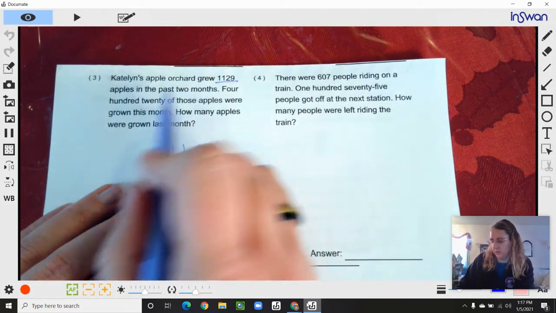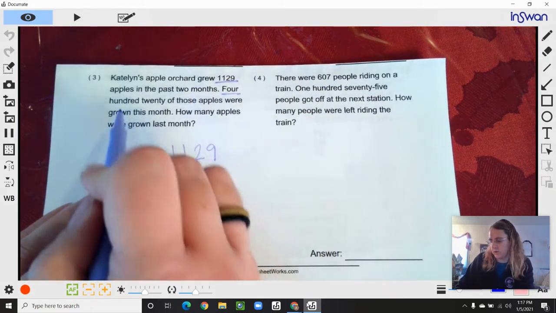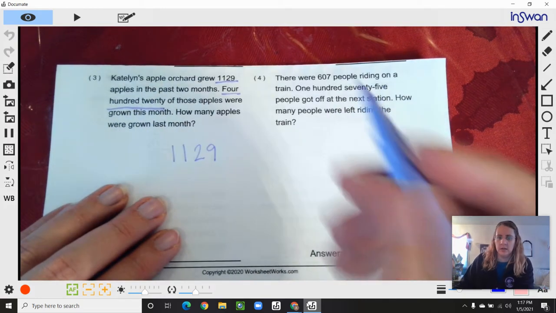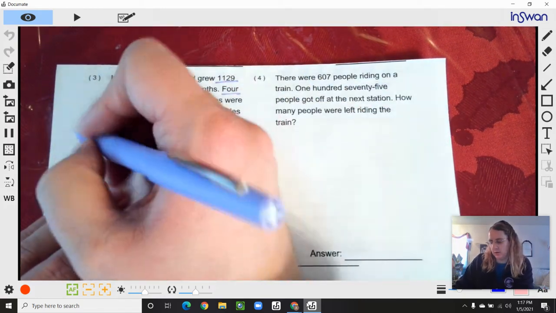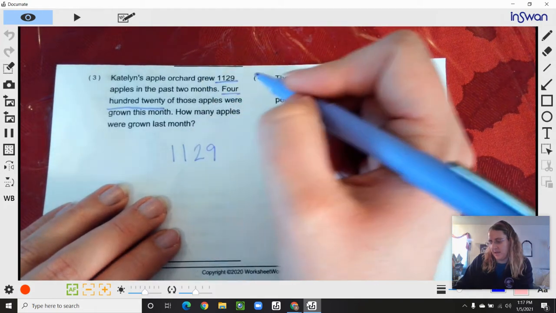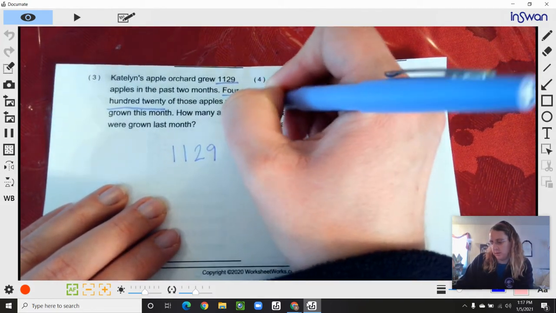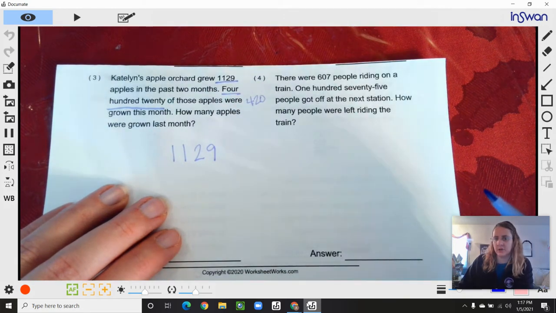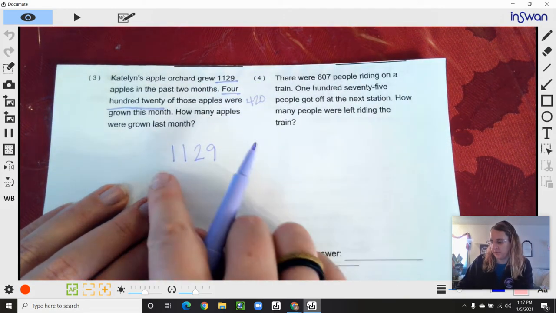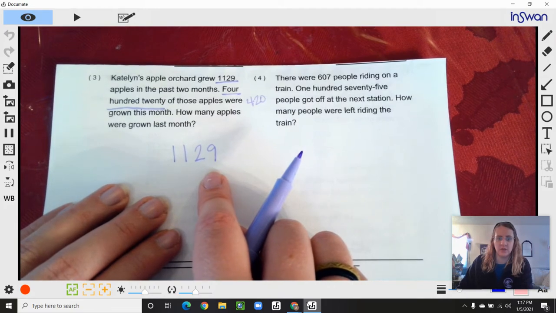My next number, 420. So I need to make sure that I have the number 420. 420 is a 3-digit number. 1,129 is a 4-digit number.